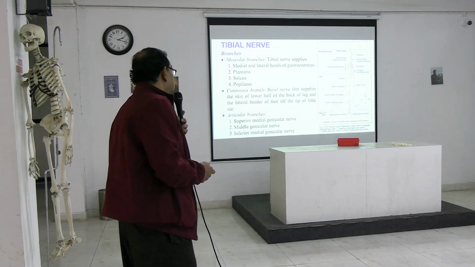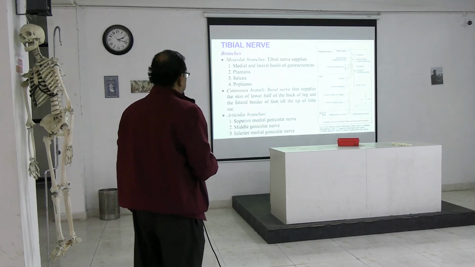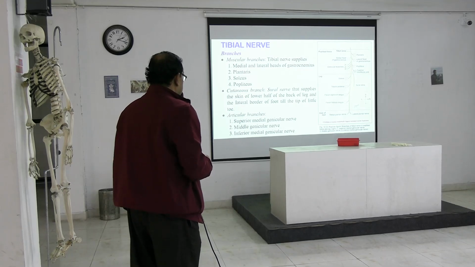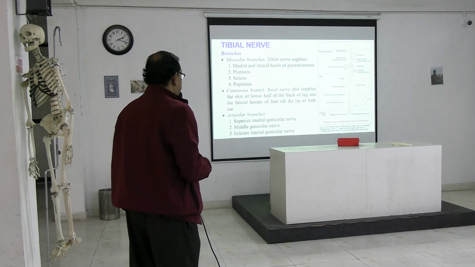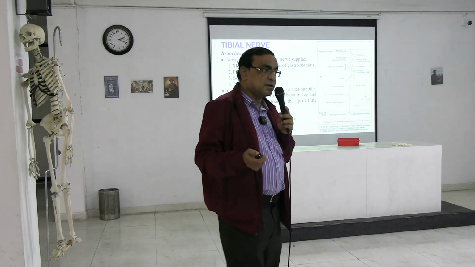So this is the tibial nerve which has got so many branches, like a branch given to the lateral head of the gastrocnemius, medial head of the gastrocnemius, plantaris. Okay, this is the sural nerve, and these are the other nerves which we will see in the leg today.